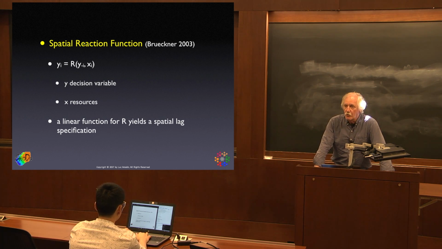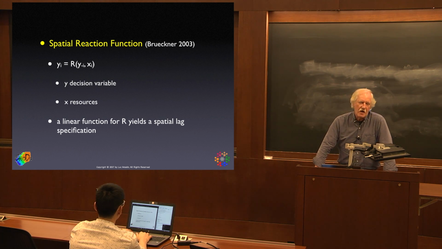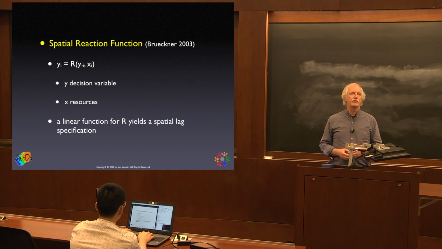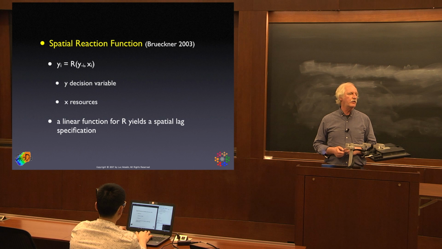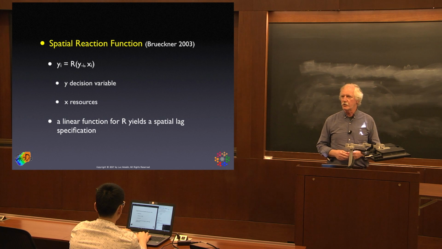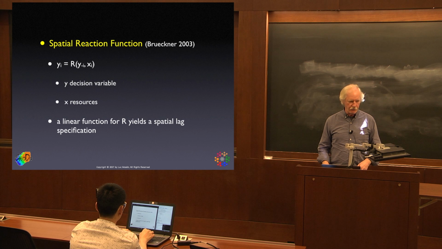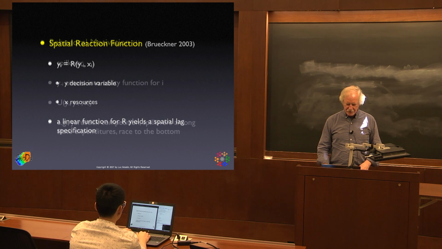And what enters into this reaction function is both the actions of the other agents as well as resources that are available: labor, capital, environmental resources. If this reaction function is linear, then you can show that it takes the form of a spatial lag model. So that would be, if you wish, the most theoretical foundation for such a specification.